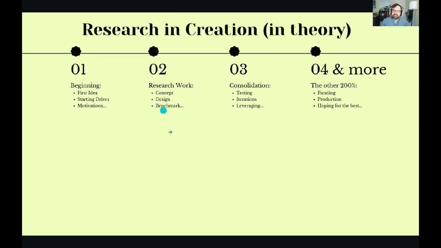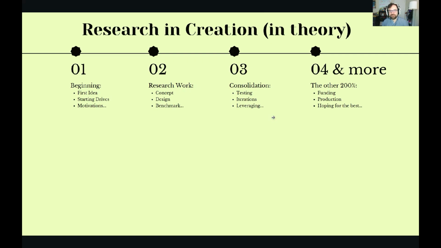And then ideally we would have a research phase where we think about the concept, the design, and the benchmark of other projects, pieces, or games that are available out there, so we can compare and know what we want to explore in a better way, what has been done by other people, and then we proceed to a consolidation phase.